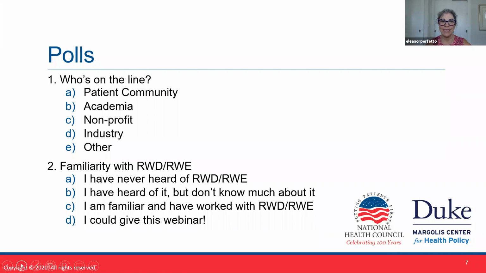We'll give you a few seconds to answer. Silke, you want to put the poll results up, please? Oh, we have patient community, academia, many nonprofits, and also many industry representatives, and then a small segment of other.